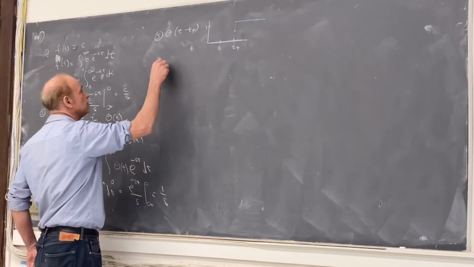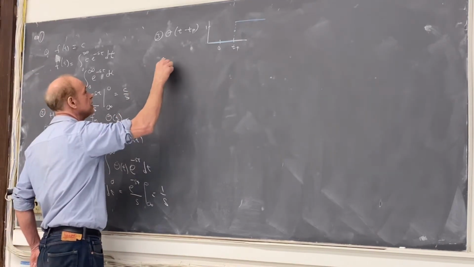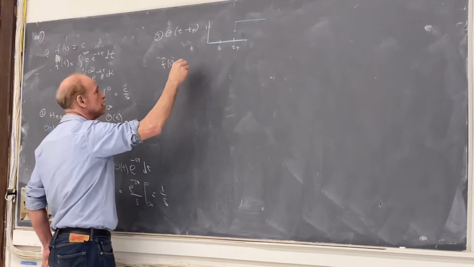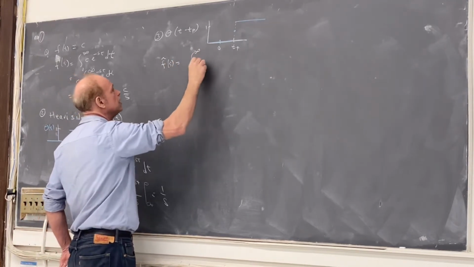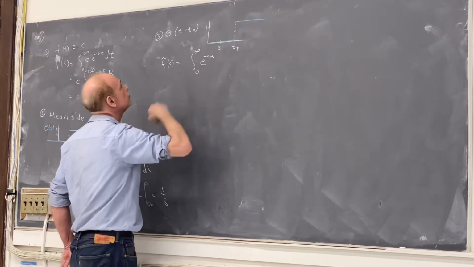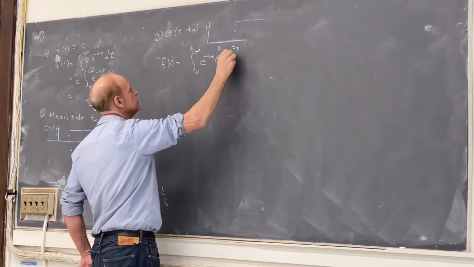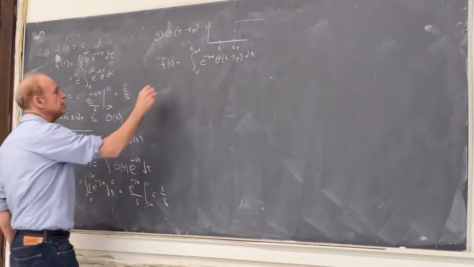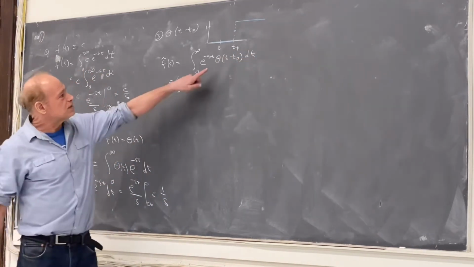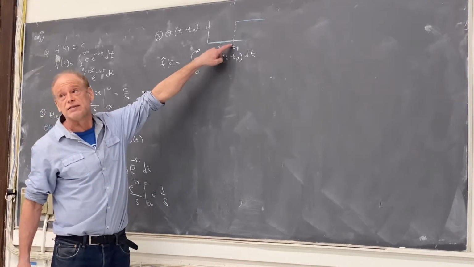So let's look at the integral. f tilde of s is equal to the integral 0 to infinity of e to the minus st theta of t minus tp dt. This one is a little different because theta is 0 for t less than tp.